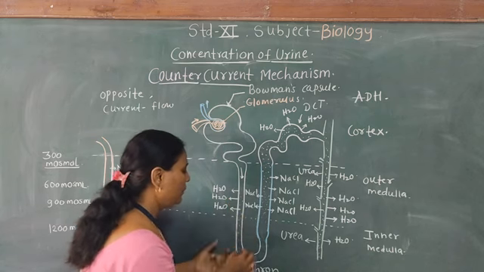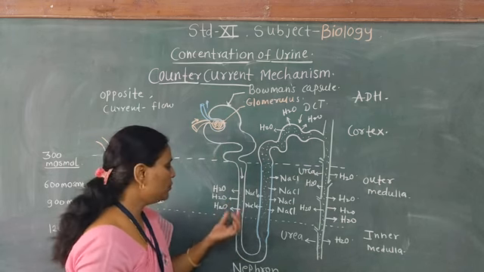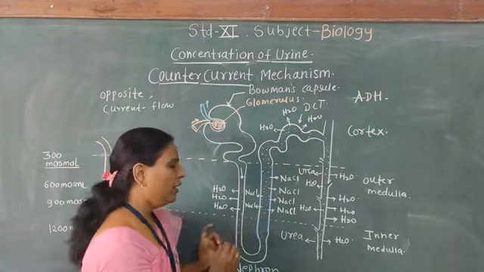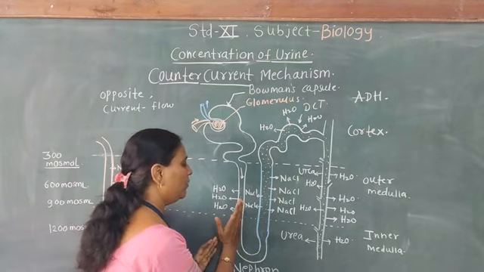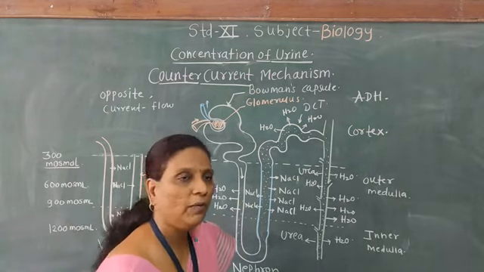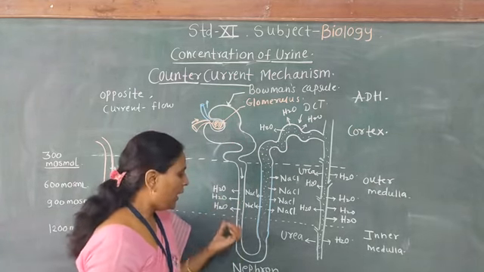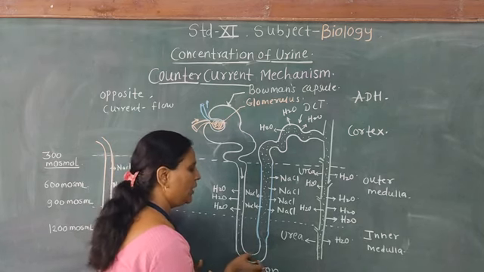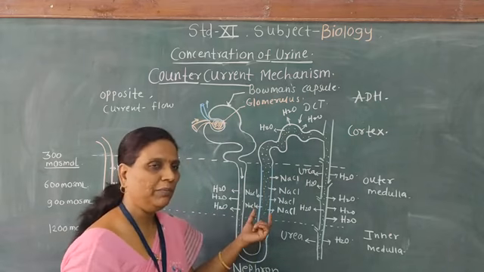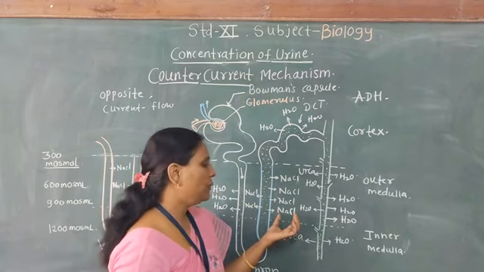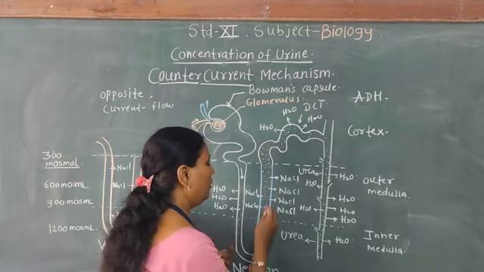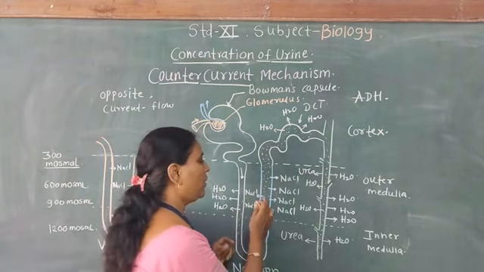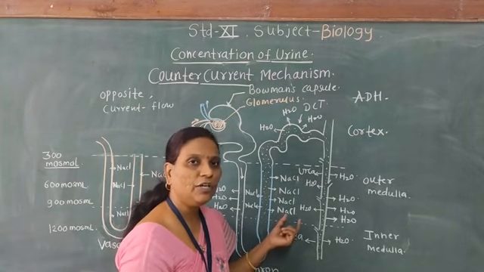the filtrate becomes concentrated. As it moves down the medulla region, the tubular fluid becomes more and more concentrated due to the movement of water from the tubular fluid into the tissue fluid. In the ascending limb, as it is permeable to salts, the salts, that is Na and Cl, move out from the tubular fluid into the tissue fluid.